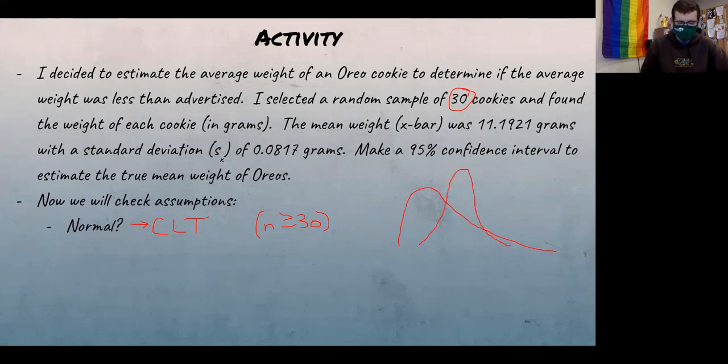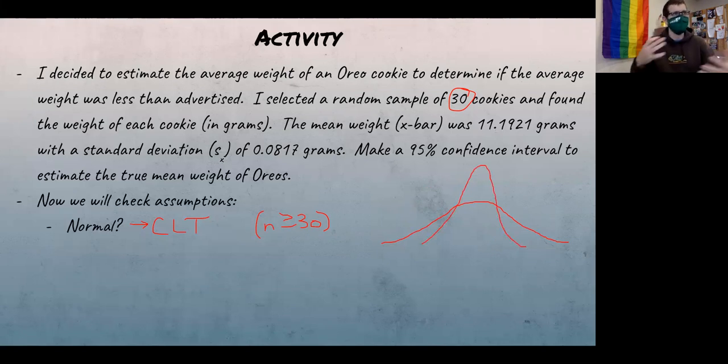But if it tells you at the beginning that your population is already approximately normal, then your sample size doesn't matter. You're going to get an approximately normal sampling distribution. We'll definitely reinforce these ideas. You don't have to have this memorized today. So either the central limit theorem is met, or the population is approximately normal.